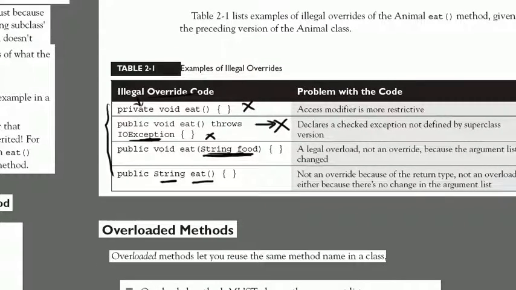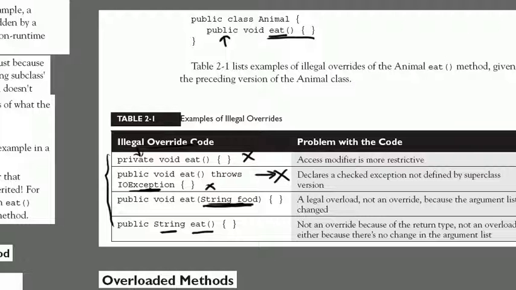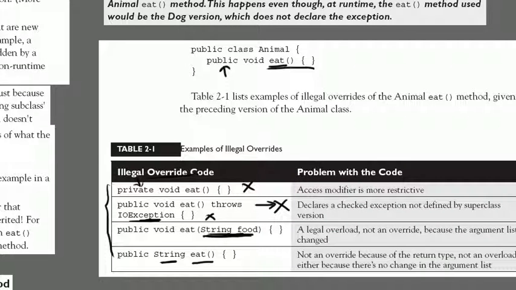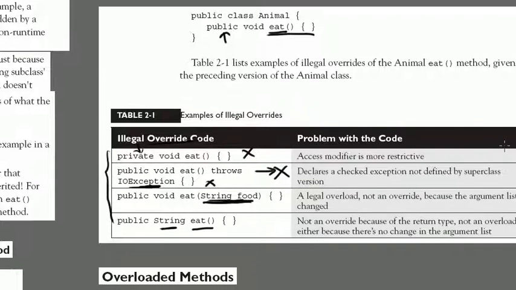Okay, this one is not overridden, and it's not overloaded either. Let's see why it's not overridden. For overriding, you need to have the same name and the same argument list, which is fine, but the return type should be a subtype of this type here.